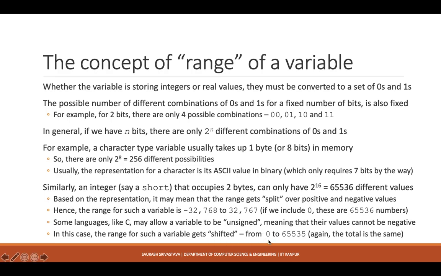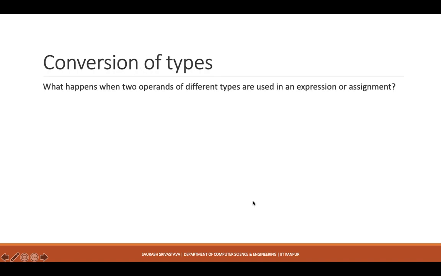It starts from 0 and goes up to 65,535. Again, the total number of possible values that a short can take remains the same. It's just that when you declare it unsigned, its range shifts to the positive side. So this is another idea that you have to understand, that ranges are defined by the number of bits that you have in order to store that particular value.